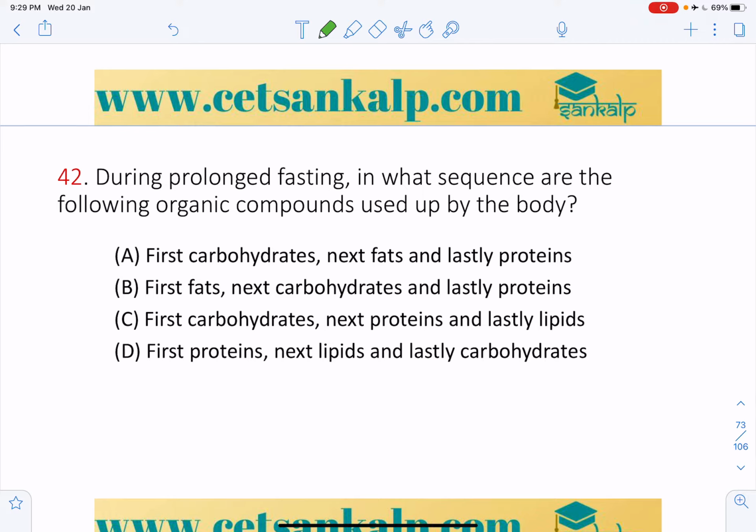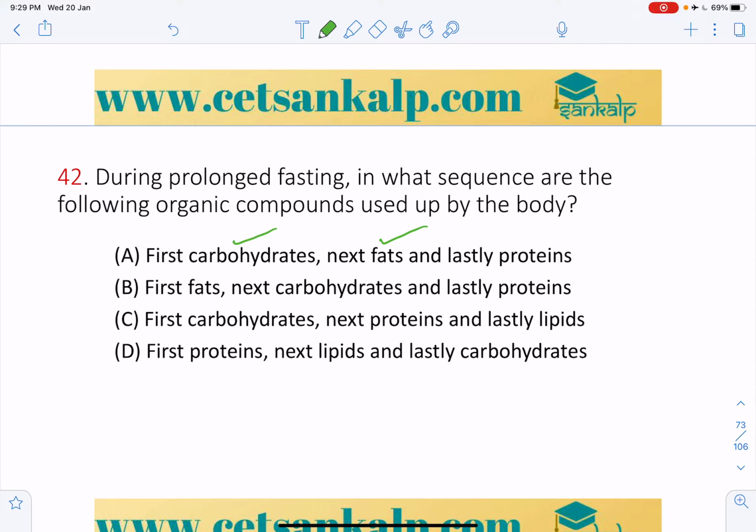First the carbohydrate in the body will get digested, because the energy required for its oxidation is very less. Next to that is fat. The energy it provides is different, that is the calorific value.